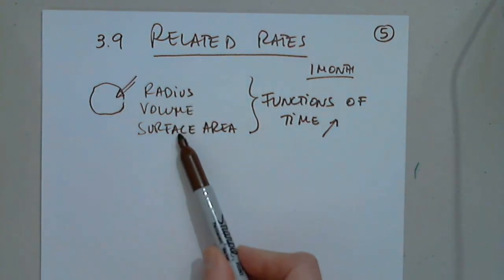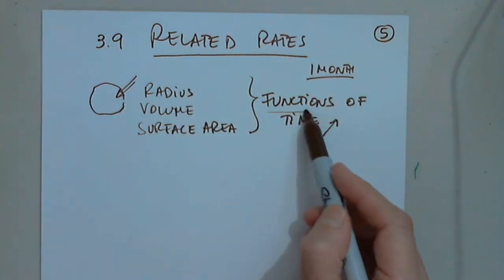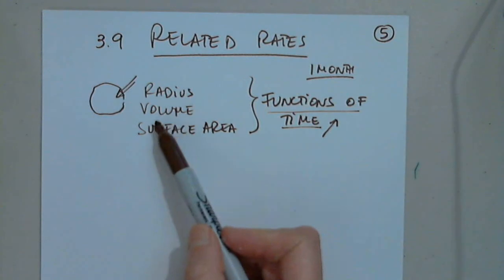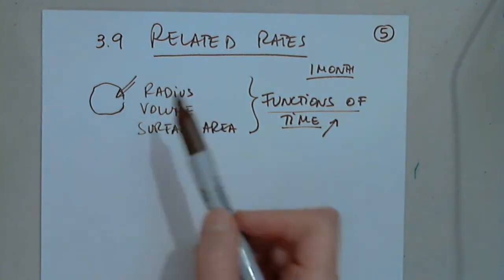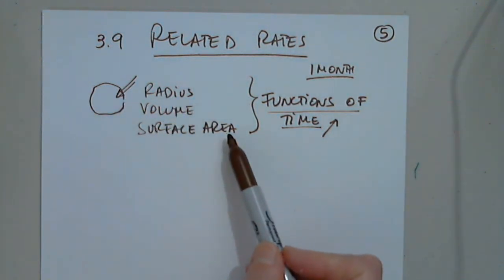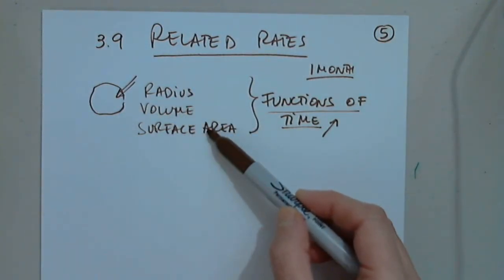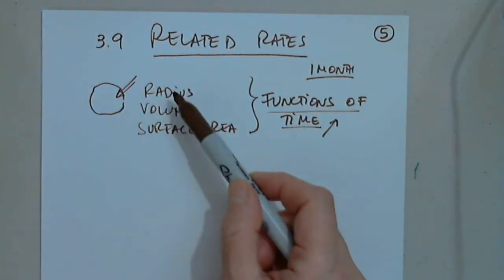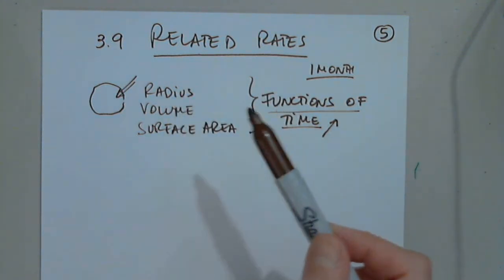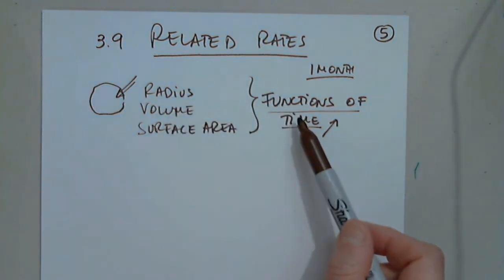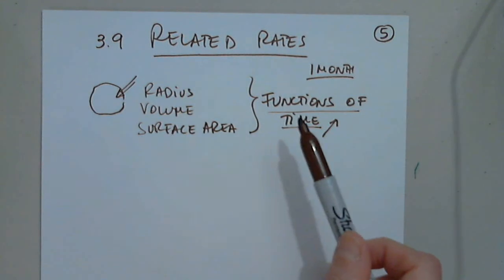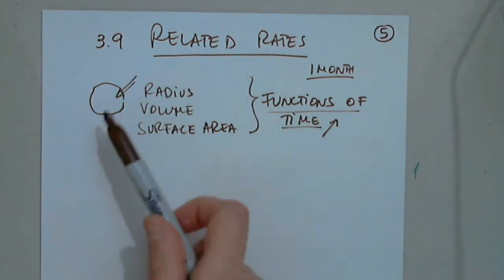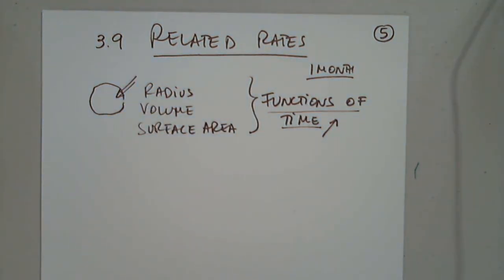So all increase, all are functions of time, and in this particular situation, when I pump air in the balloon, they will all be increasing. And their rates of change, dr over dt, dv over dt, ds over dt, are somewhat related through an equation.